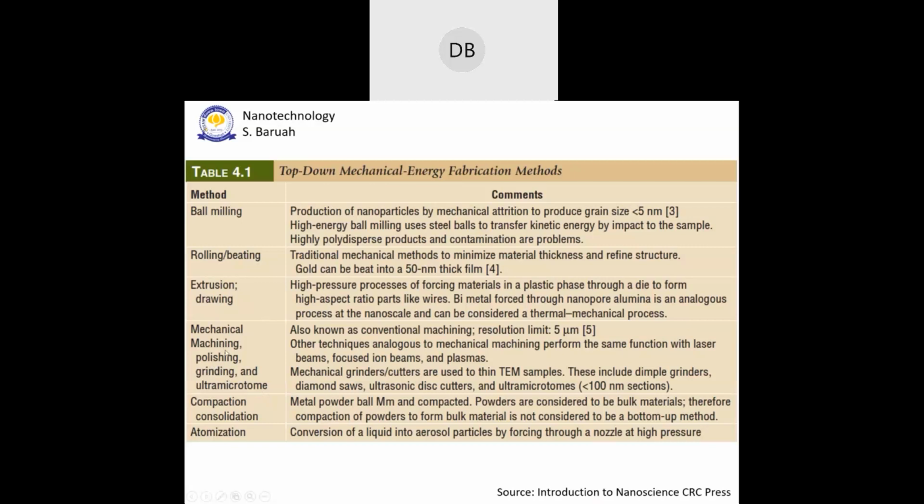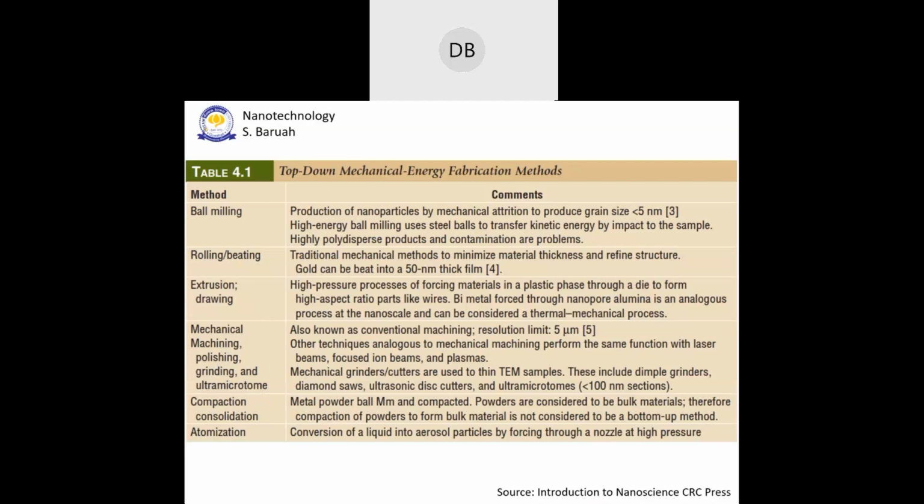All right, these are different processes which can take materials to micro sizes or nano sizes. You know the processes, right? Machining means using a machine to cut it small. Okay, and mechanical, obviously because of the movement. Polishing, you already know.